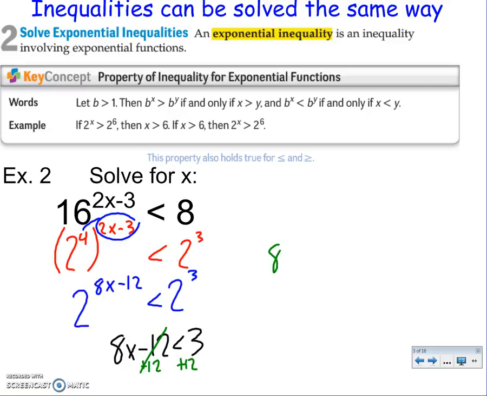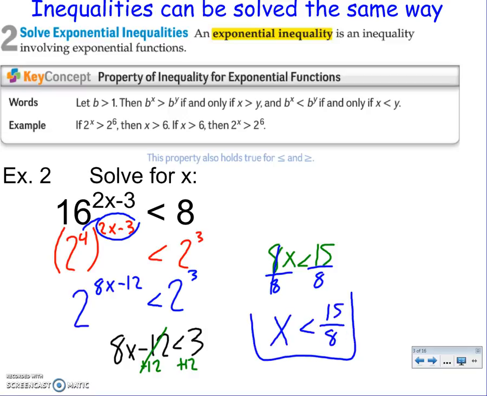So we're at 8x is less than 15. And then we're going to divide by 8. Now that's a fraction, let's leave it that way. There's our answer: as long as x is less than 15 over 8, that inequality will always be true. This works for any type of inequality, even if we have these signs with the equal part, like less than or equal to and greater than or equal to.